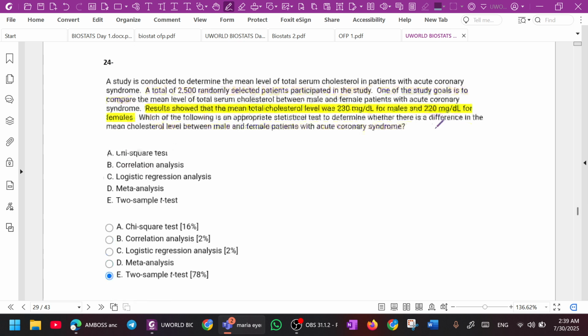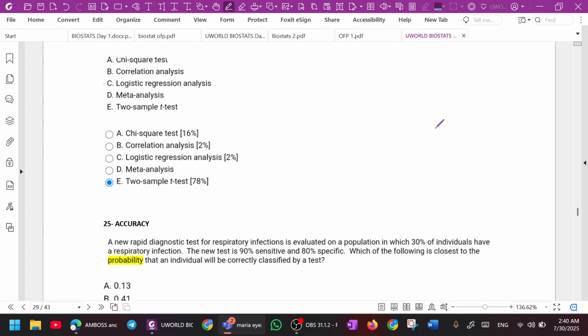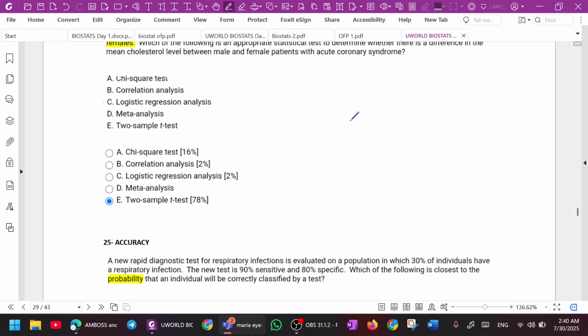Okay. You are looking at both groups: this group is categorical and this group is numbers. For chi-square, both groups should be categorical. So I think it's t-test. Let's see. Yep, it's t-test. You're right.